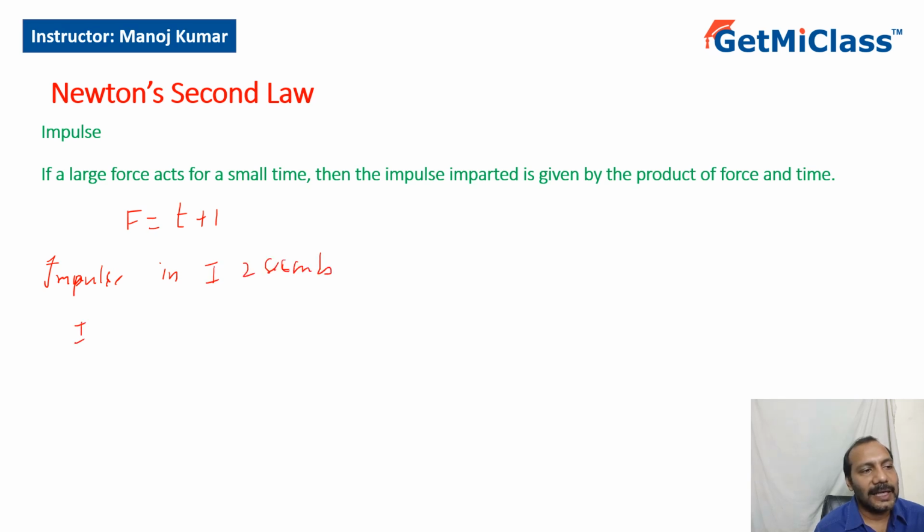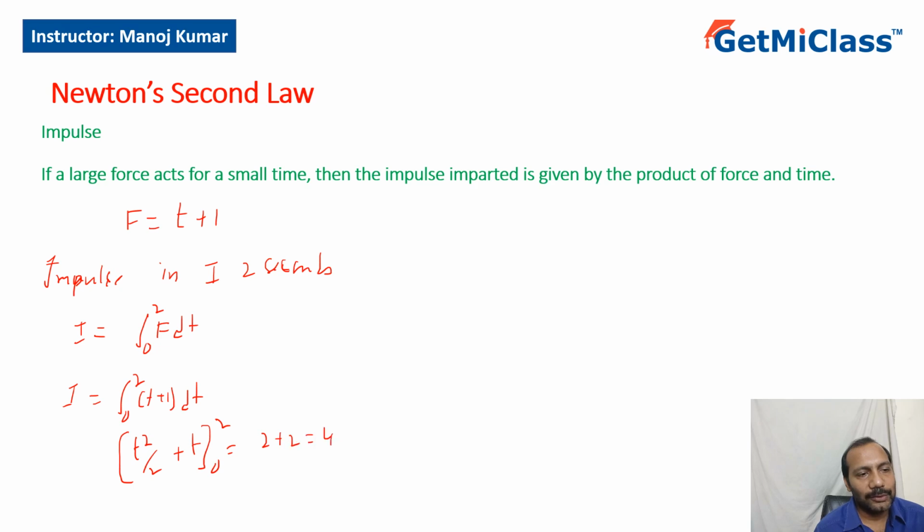I can write I equal to the integral from 0 to 2 of F dt. So I equals the integral from 0 to 2 of (t plus 1) dt. That becomes t square by 2 plus t from 0 to 2. So 4 by 2 is 2, plus 2, that is 4 Newton second. The impulse due to this force in the first 2 seconds is 4 Newton second.